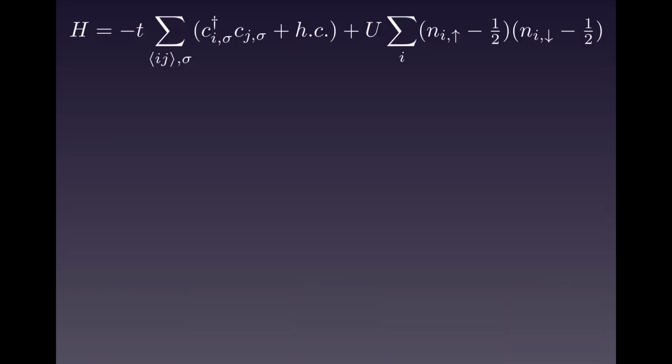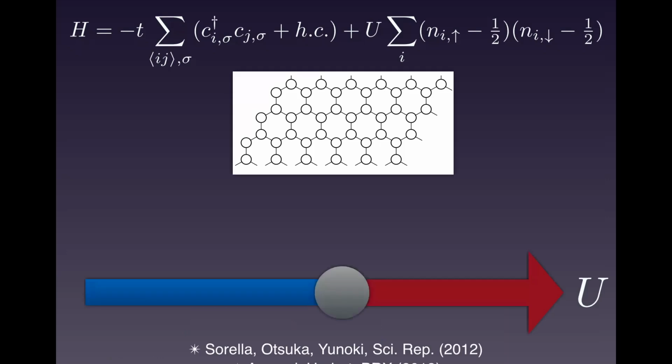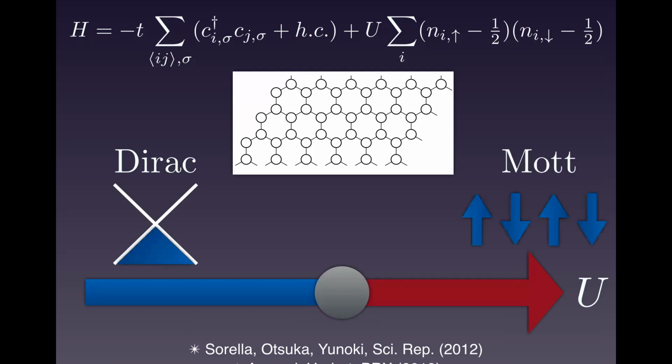Getting to the model, we just choose the most basic model, the Hubbard model on the honeycomb lattice. This model has a long history, and the whole phase diagram is known. At small U, it's a Dirac semimetal. At larger U, it's an antiferromagnetic insulator.